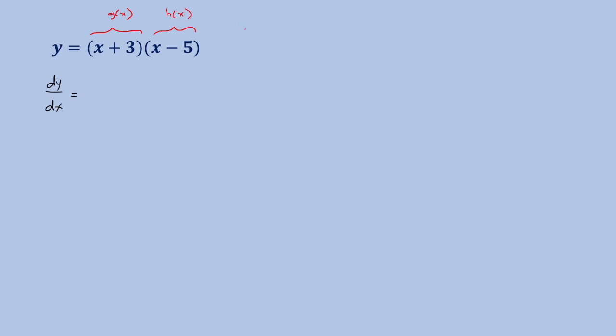So again, to get the derivative of this function using product rule, we have g of x times h prime of x plus h of x times the derivative of g of x. So g of x is x plus 3 times the derivative of x minus 5 plus x minus 5 times the derivative of x plus 3.